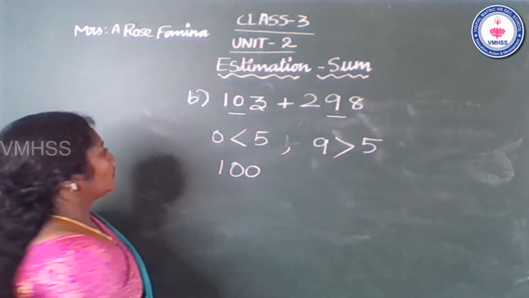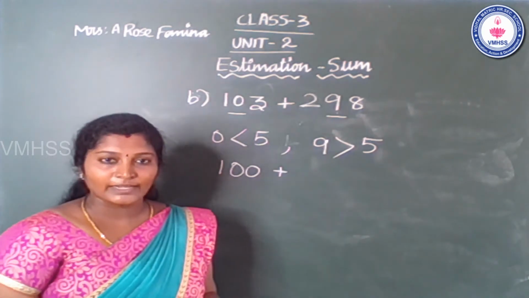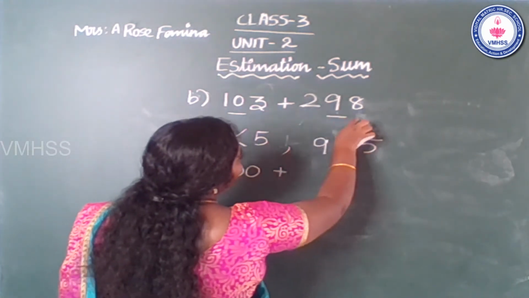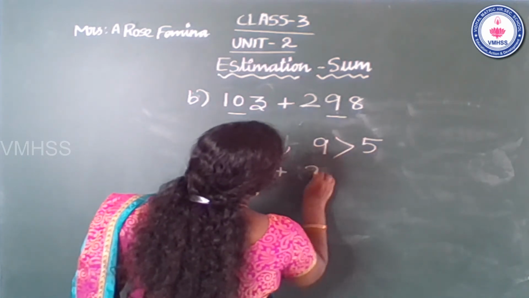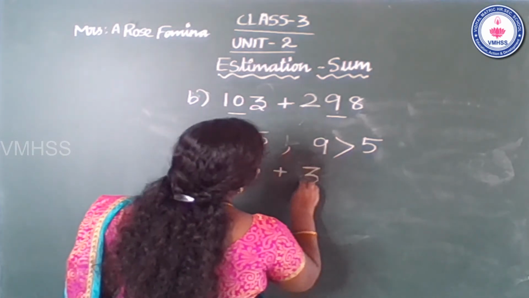Plus 298. 9 is a greater value, so the nearest value is 300.